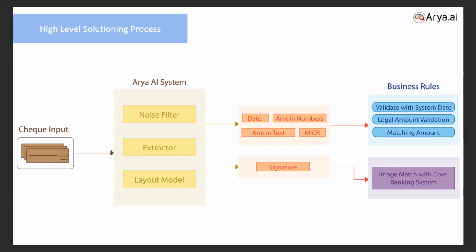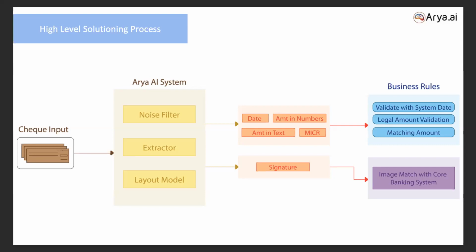The different models start giving the results, and post that we also have a rule-based engine or business rules. Like if the date is 16 December 2020, there's no point in randomly giving the user a date saying this is 16 December 2020 or 16/12/2020.